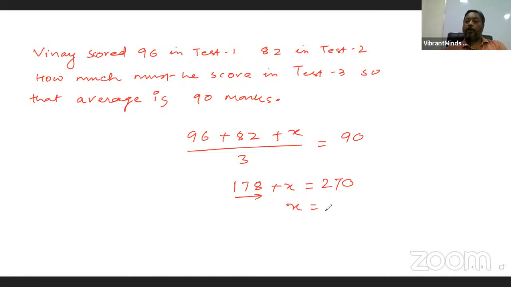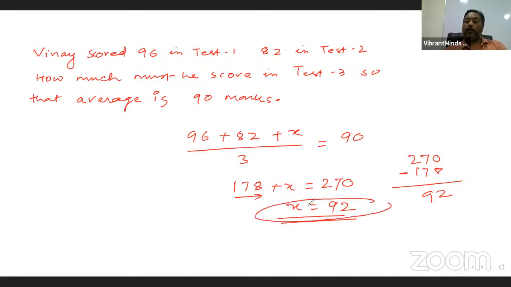So X should be what? 270 minus 178, the difference is 92. So in the third test, he must score at least 92 to get an average of 90 marks. Is it clear, people?